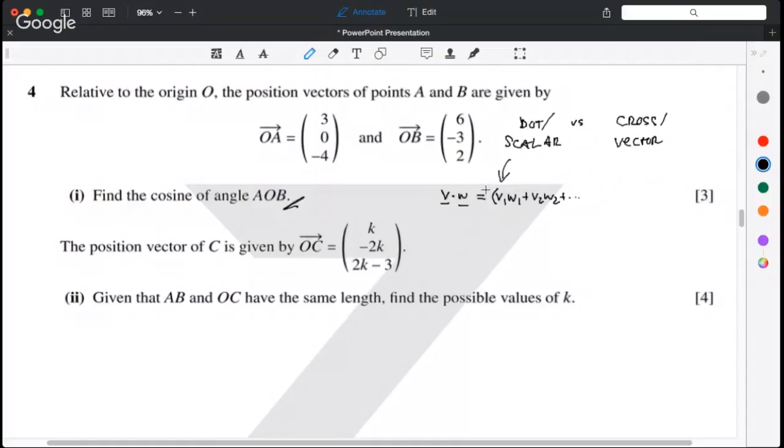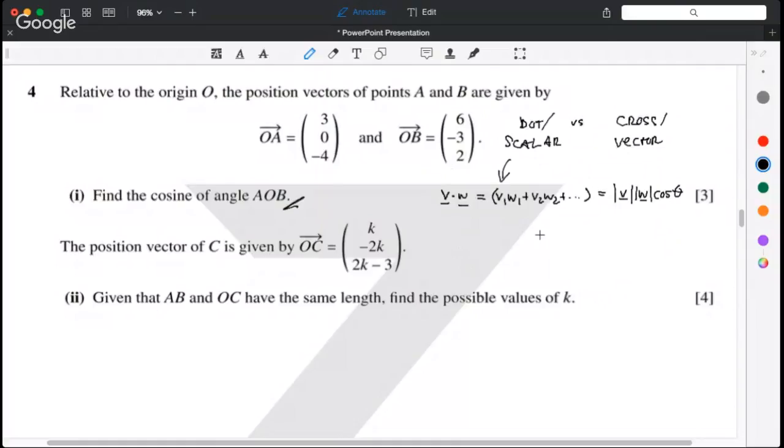Here they're three-dimensional, so it'll be v1 w1 plus v2 w2 plus v3 w3. But it could go on if you had long vectors. This is also equal to the magnitude of v times the magnitude of w times the cosine of the angle between them.